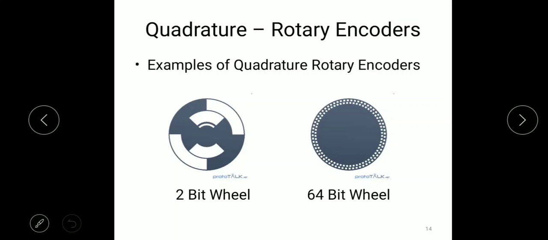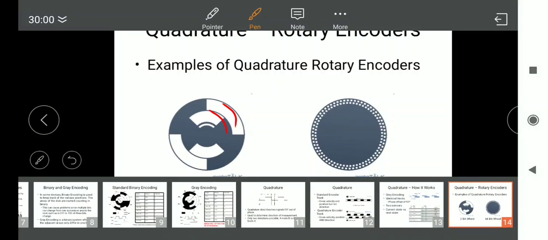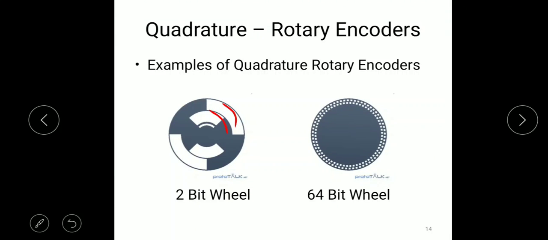Similarly, we can have rotary encoders, quadrature rotary encoders. As an example, a 2-bit wheel is shown here, as well as a 64-bit wheel. In the 2-bit rotary encoder, this is one bit and this is another bit, so there are two tracks.